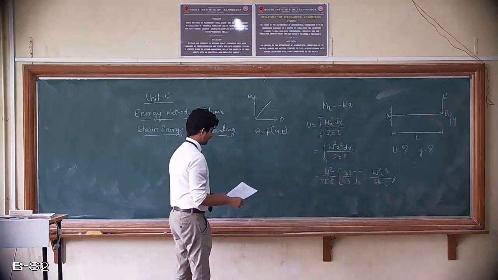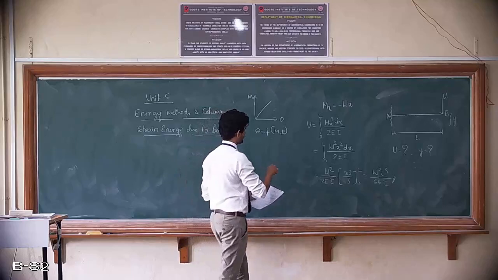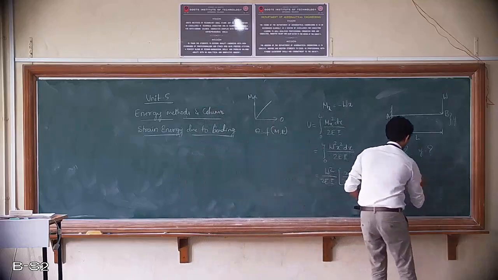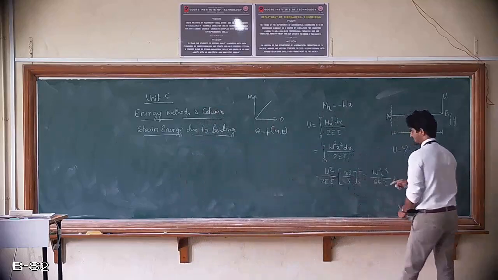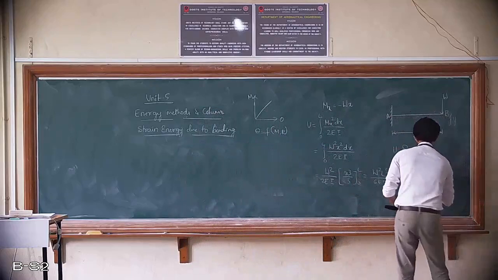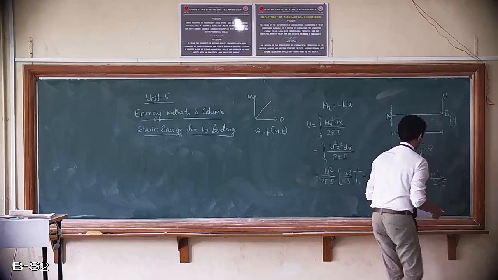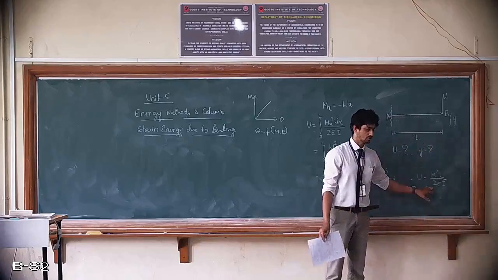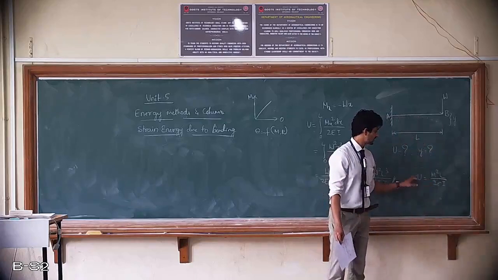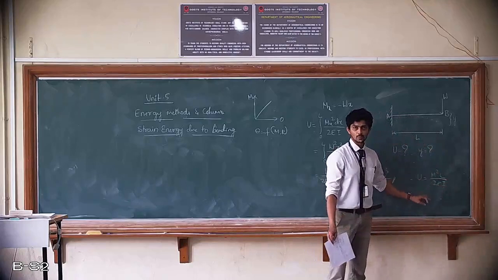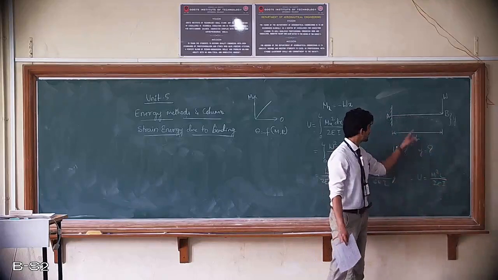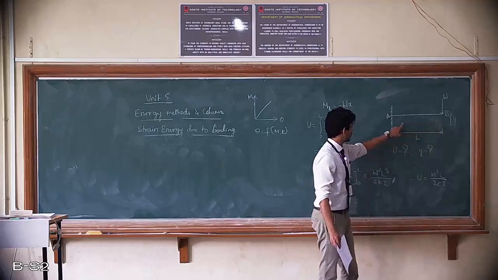Now instead, if you just substituted like strain energy from the first equation without considering that elemental structure, it will be M square L divided by 2EI. If you write this one, it will be wrong. Why? Because this is a generic form, M square L by EI, whereas here the moment is not the same throughout the length.